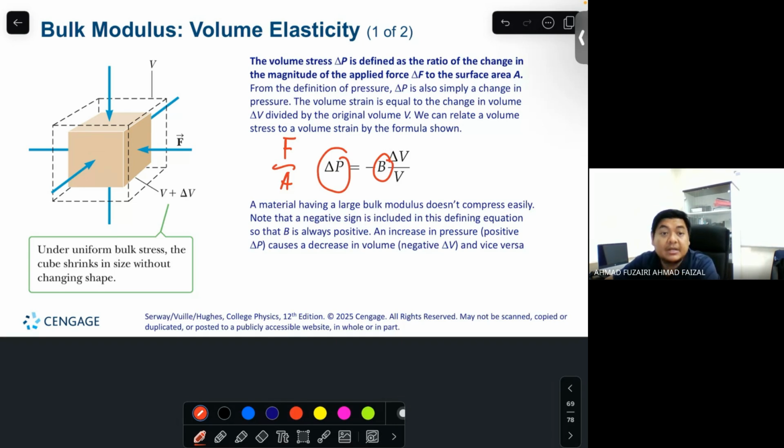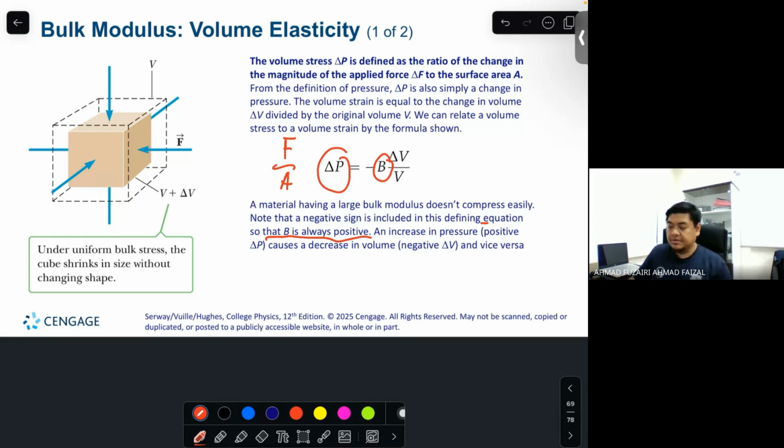Therefore, the negative sign is included in this defining equation so that B is always positive. An increase in pressure, a positive delta P, causes a decrease in volume and vice versa.